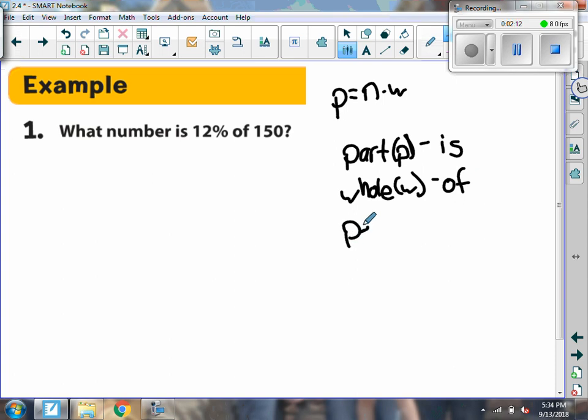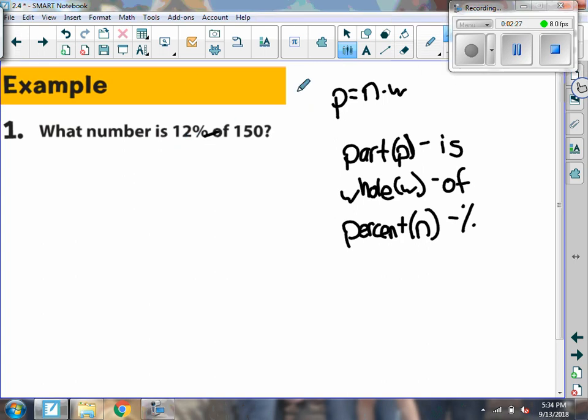And our keyword for our percent, which is N, is the percent. So I'm going to use these keywords to figure out my information. So my 12 has a percent sign, so that has to be my percent. 150, that's "of 150," so that's going to be my whole. So I'm trying to find out what my part is.